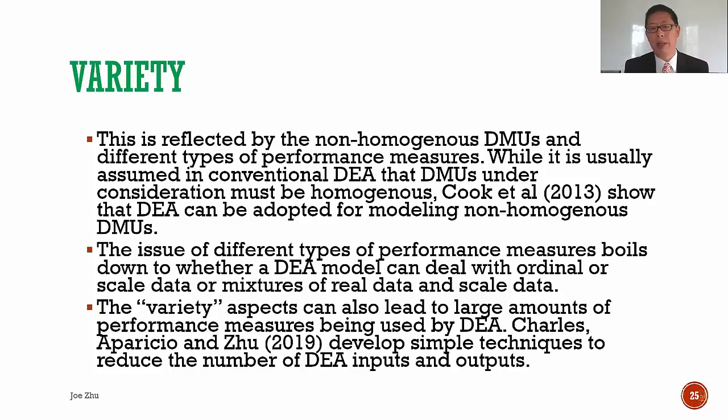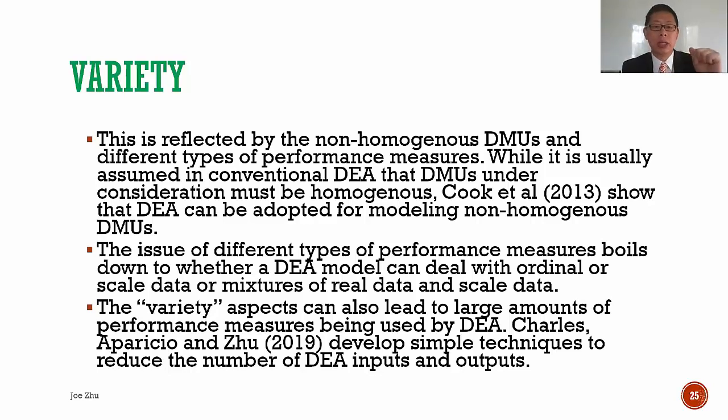And if you look at that paper published in the European Journal of Operational Research, we have examples in there. Just for time's sake, I'm not going into details and giving you an example. So when you have non-homogeneous DMUs, and you want to do a benchmarking study of these DMUs, you still can do that.